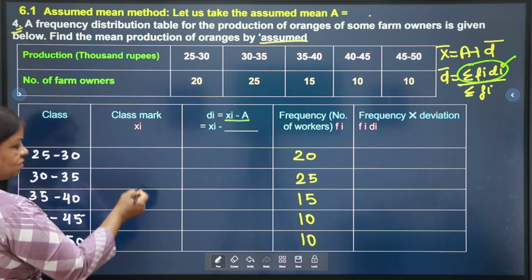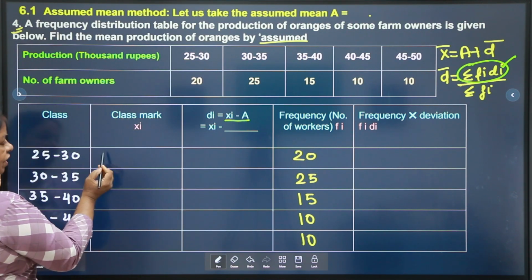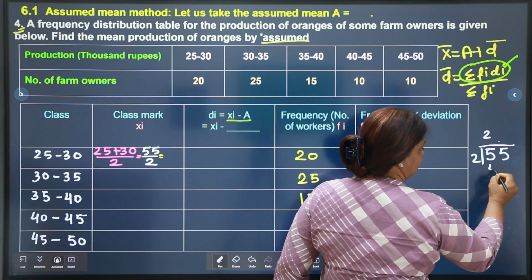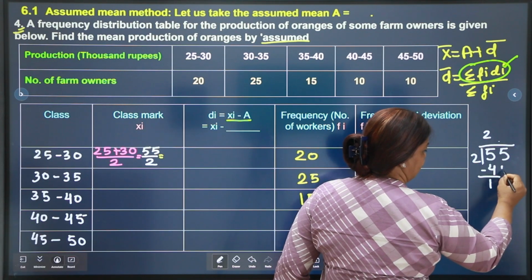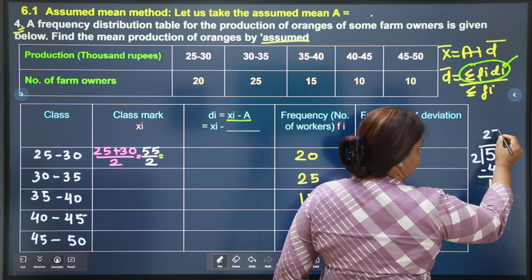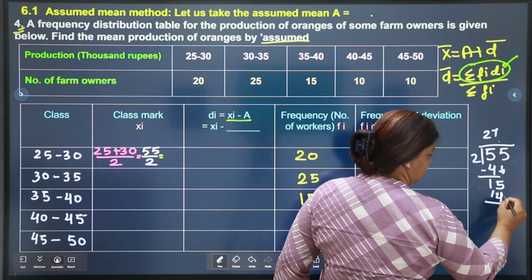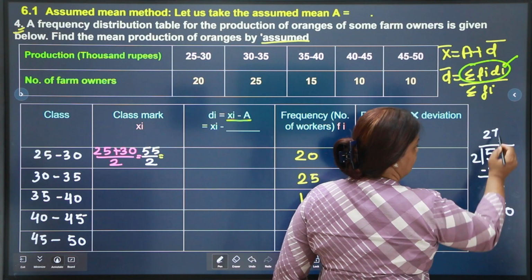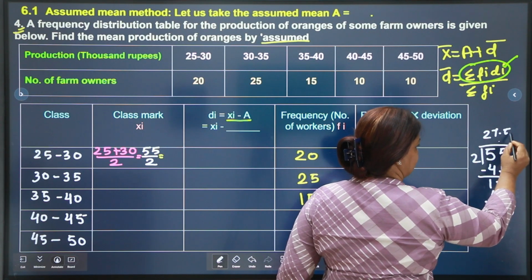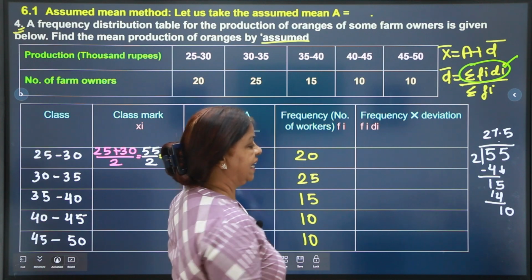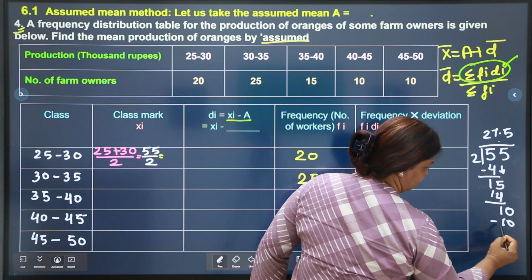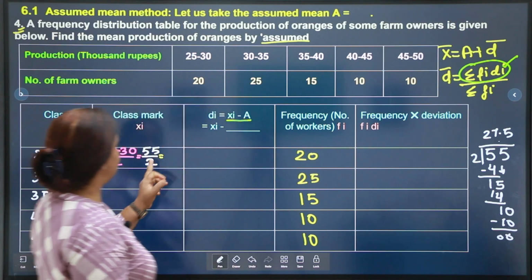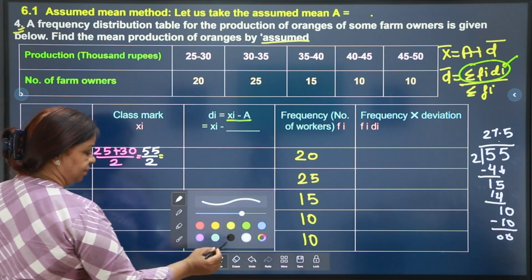We need to find out the class mark, and class mark, children, you know very well how to find out. 2 2s are 4, 1 bring 5 down, 15, 2 7s are 14, 5 minus 4 is 1, there is nothing to bring down, so increase 0 and increase point here. 2 5s are 10. So your class mark for the first one is 27.5.